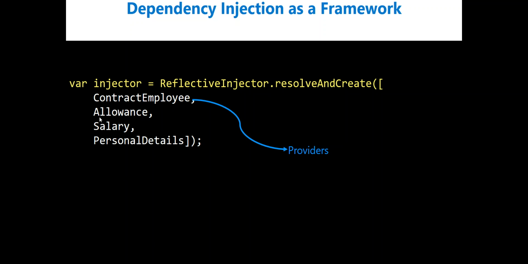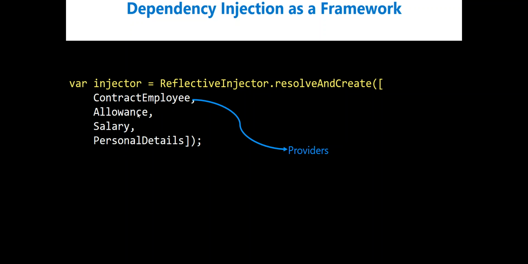I already told you that a provider is someone who registers the list of dependencies. Allowance is one provider, salary is a provider, percentage is a provider. These are all things this particular employee depends on. To create this particular object, the allowance, the salary and the personal details are really required.